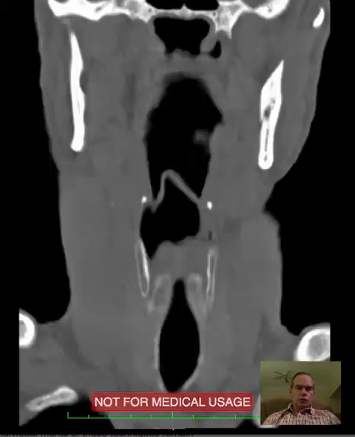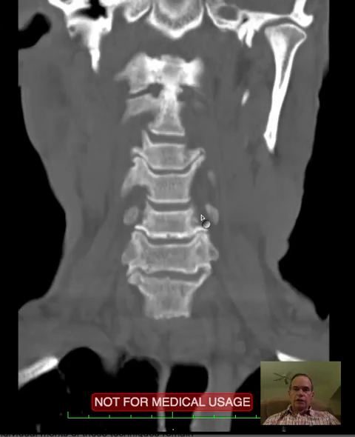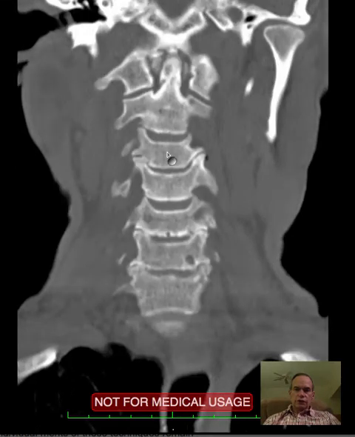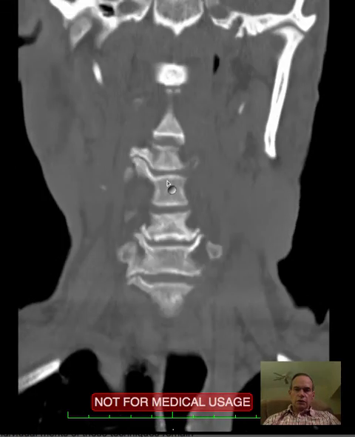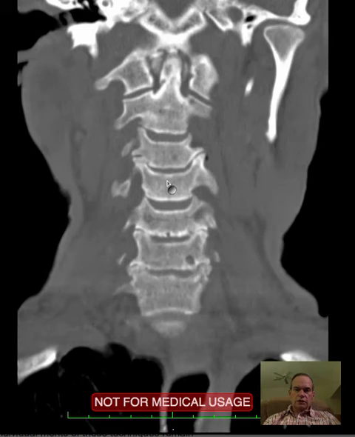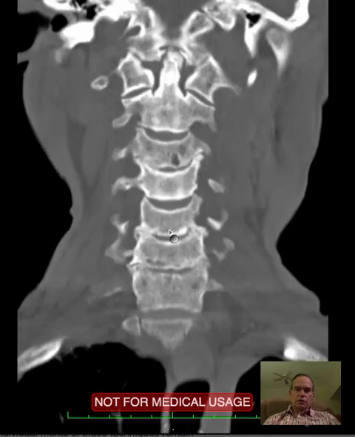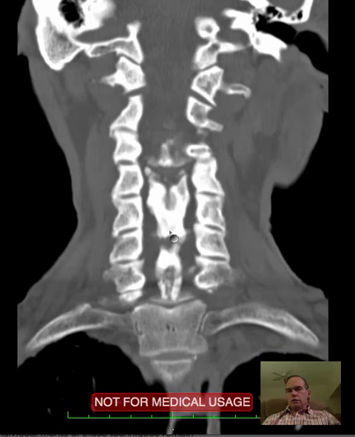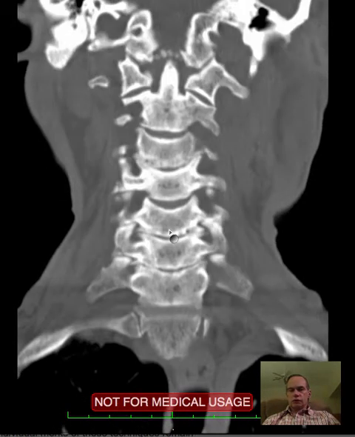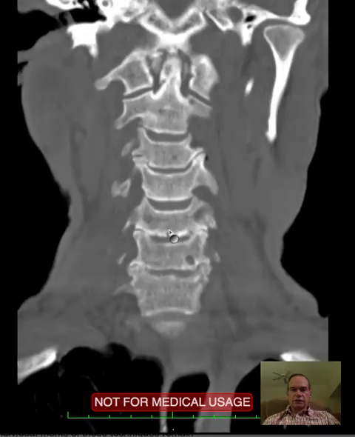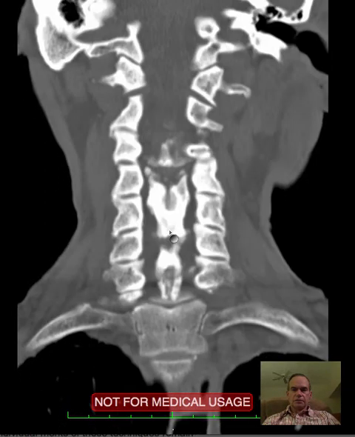And let's go to a coronal plane. And here you can see these degenerative osteophytic spurs on both levels here. This is C3-4, particularly C3-4 in this patient. And then C5-6, which is generally the most affected level with this osteoarthritic process compared with any other cervical spinal level. C5-6 is preferentially involved.